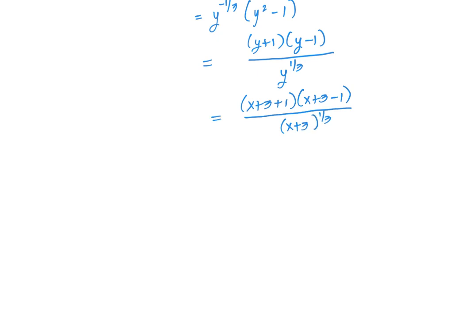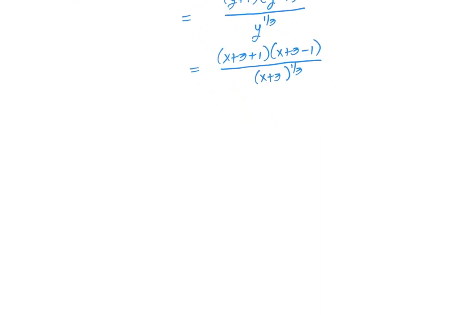And then within those parentheses in the numerator, I can simplify that to x plus 4, x plus 2. And then the denominator is x plus 3 to the 1/3. Okay, that is completely factored, and I have no negative exponents. So that's it for this section.